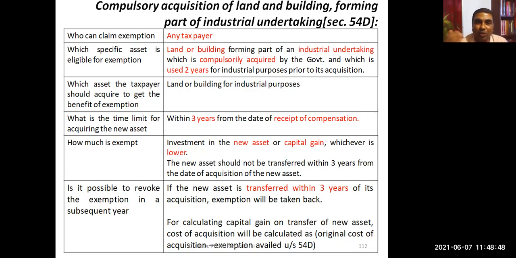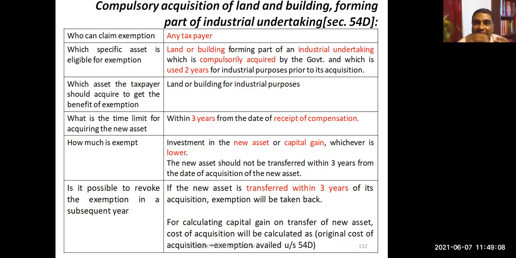And the new asset should also be land or building for industrial purposes. And the new asset should have been acquired within 3 years from the date of receipt of compensation. Okay, from the date of receipt of compensation, not from the date of transfer.